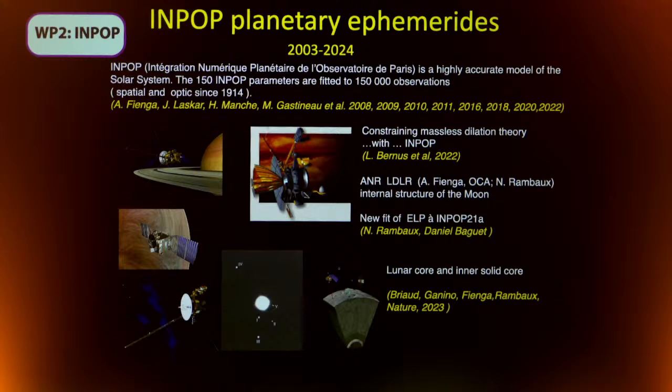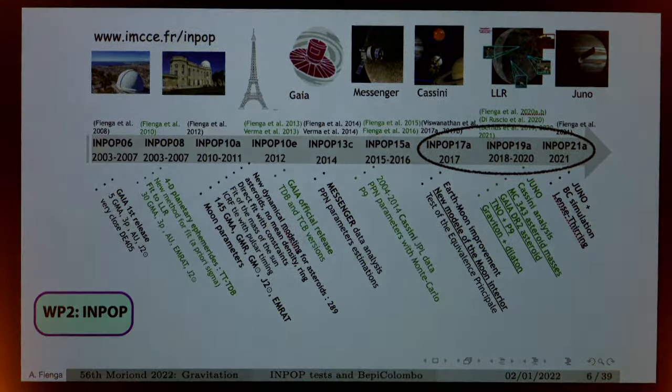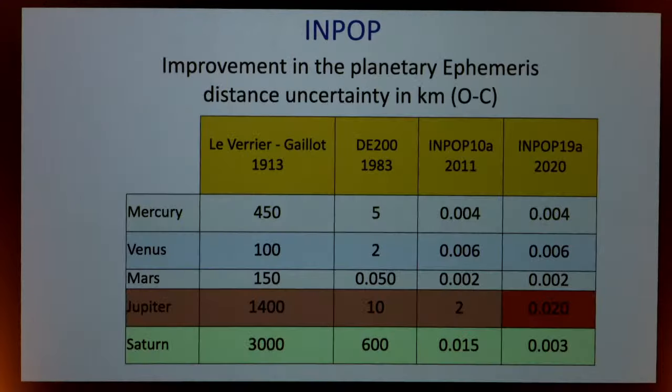And this uses all available data from Earth or space, and we made a lot of improvements starting 20 years ago. Each time we added something, the latest one being the Juno data, the orbiter around Jupiter.